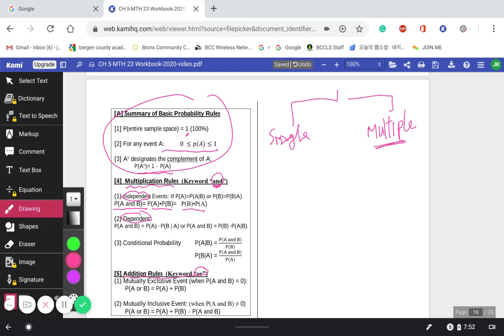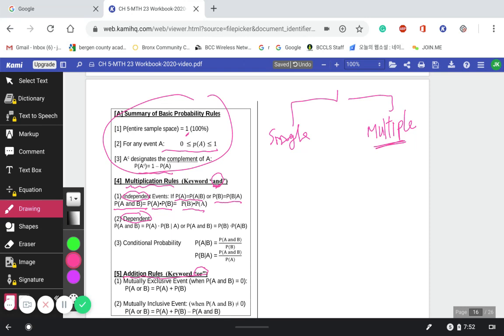If they say probability A equals probability of A given B, or probability of B equals probability B given A, or they imply independent, then they are independent. Then how do you know one is dependent? One is dependent if they give you something given, or one after another, that affects the second event, then they are dependent.